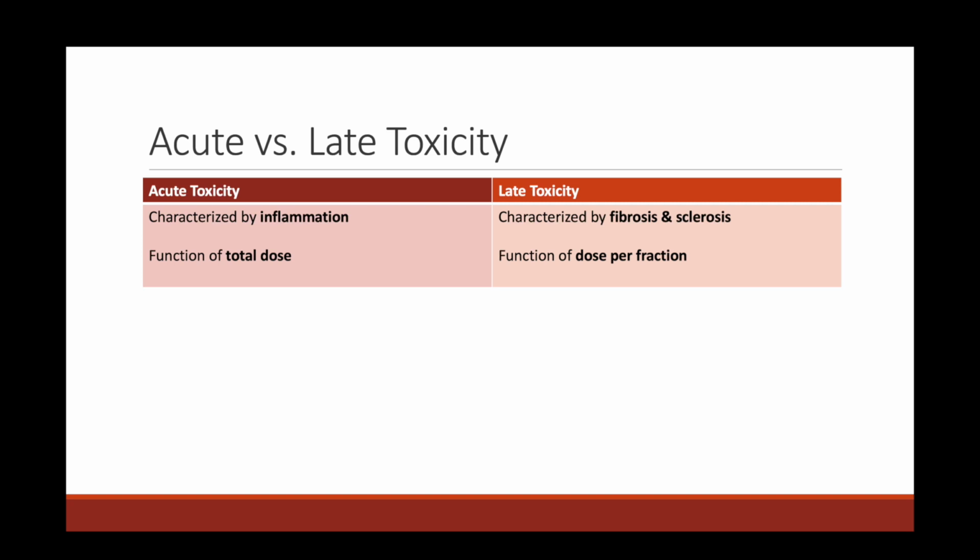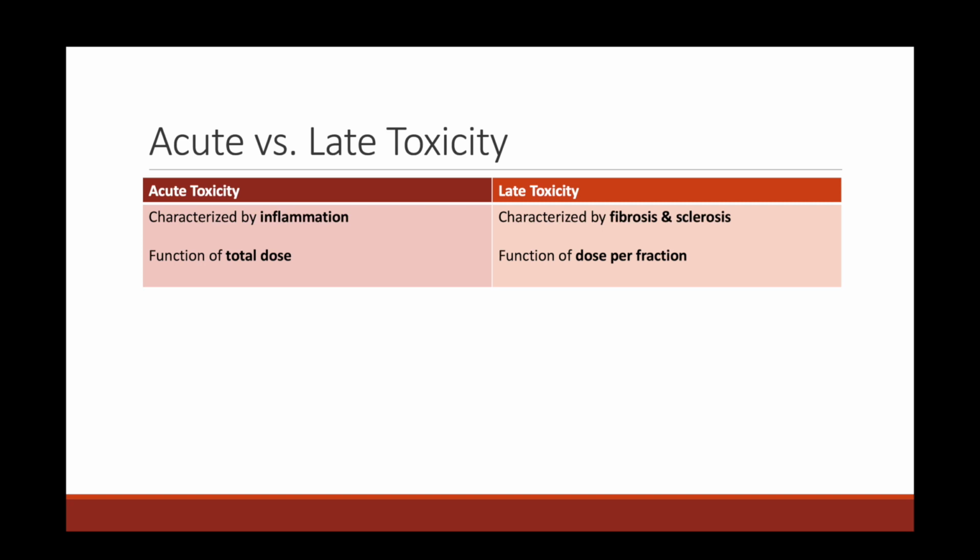And so whenever patients are being re-irradiated, whenever they're going through a second course of radiation in the same site, you'll often see that we decrease the dose per fraction. So instead of giving even conventional fractionation of 1.8 to 2 gray per fraction, we will often decrease the dose per fraction to 1.5 gray per fraction.